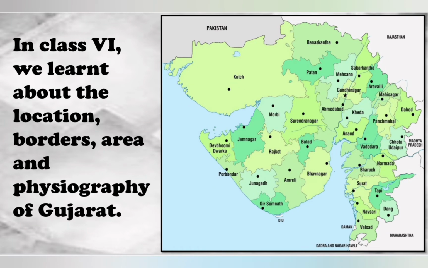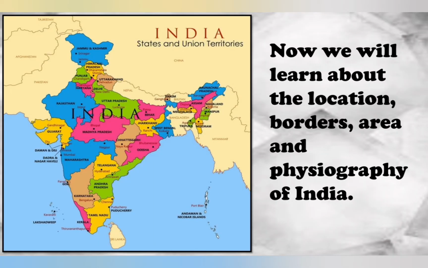Children, in class 6, we learnt about the location, borders, area, and physiography of Gujarat. Now, we will learn about the location, borders, area, and physiography of India.